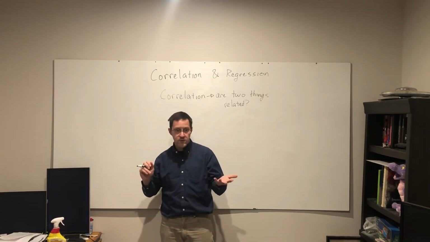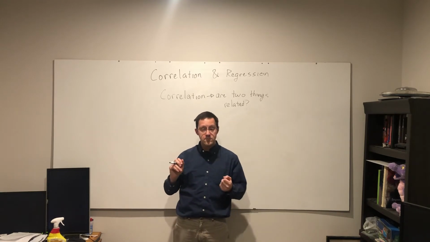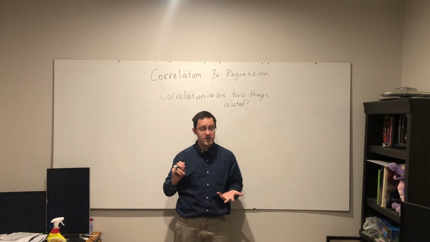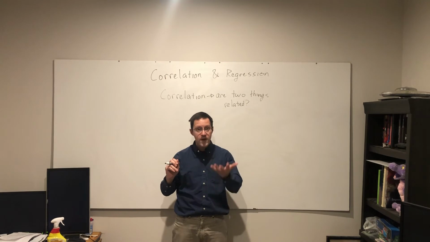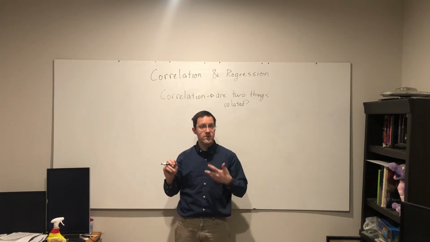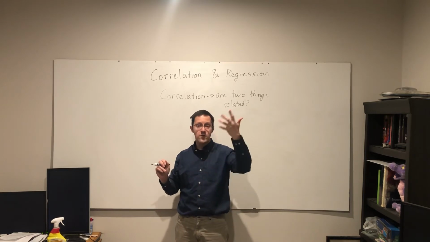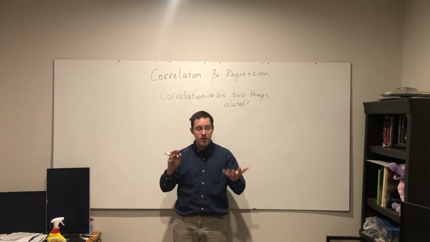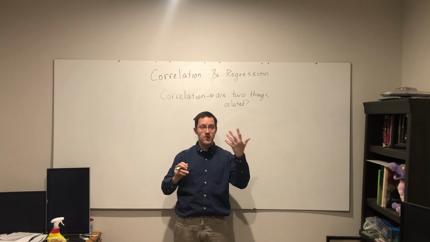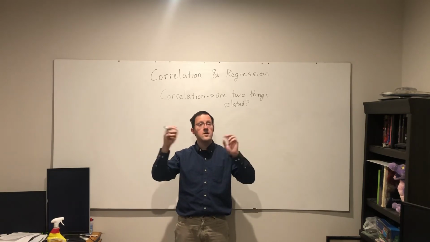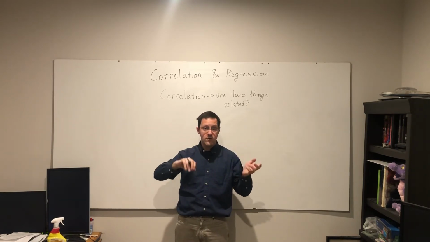As one goes up, the other goes up. An example could be from the upcoming exam, I would hope. As the amount of time a student spends studying goes up, the grade on the exam should also go up. So there's this positive relationship. As one goes up, the other goes up. And a negative relationship, if one goes up, the other goes down.